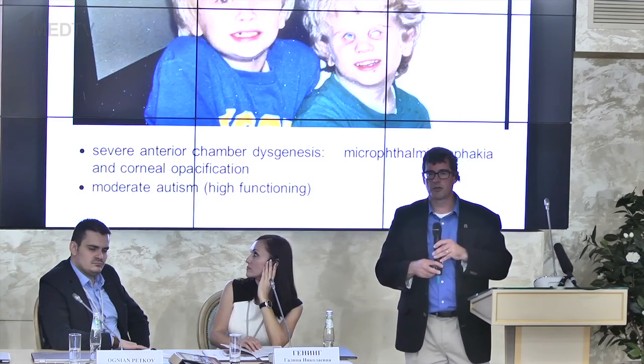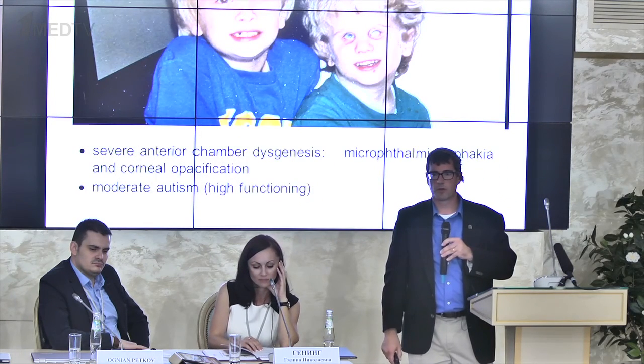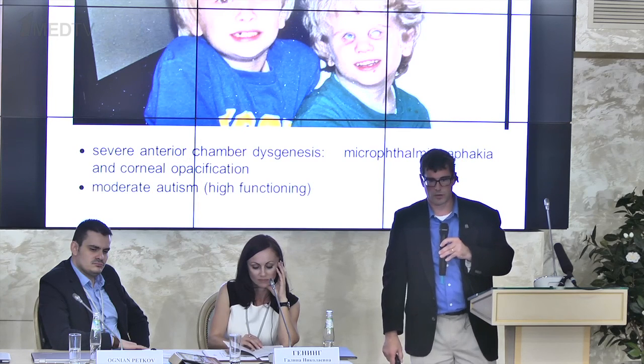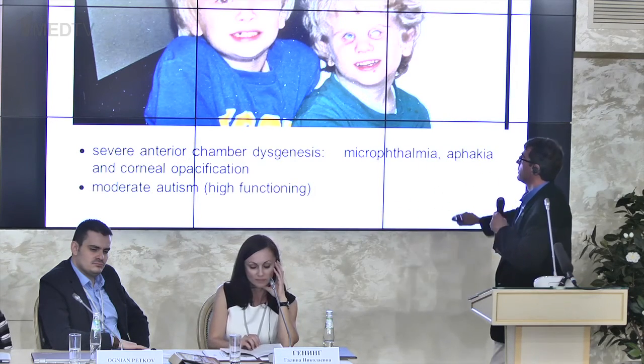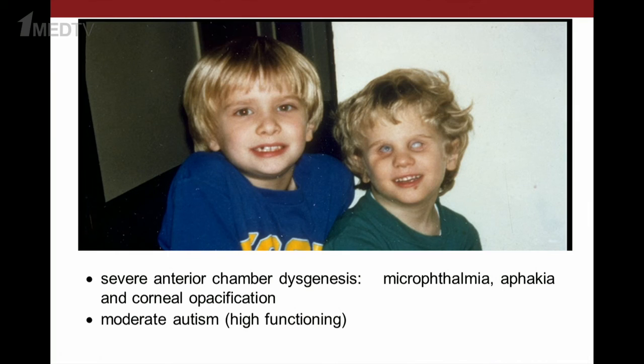There are other changes in PAX6 that can give rise to diseases that are not called aniridia. This is one example. This boy is not considered an aniridic, an individual with aniridia. He has a microphthalmia. He also has autism.